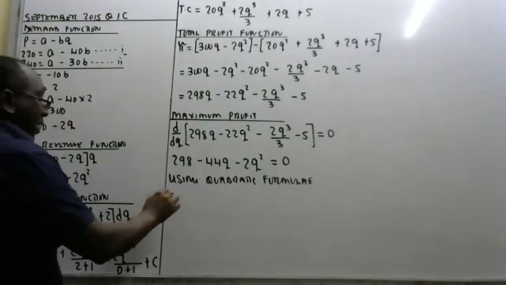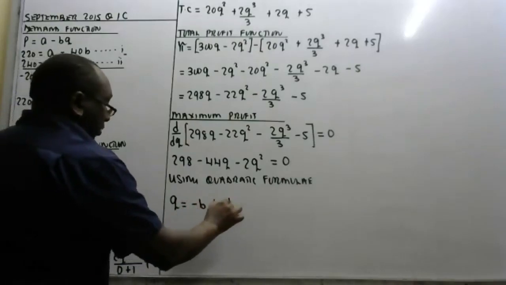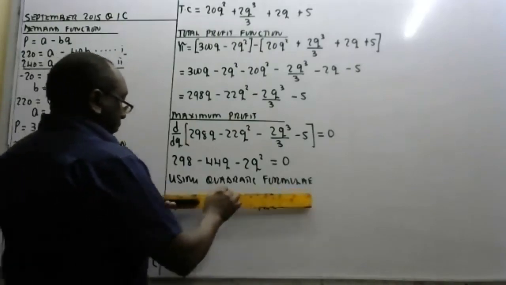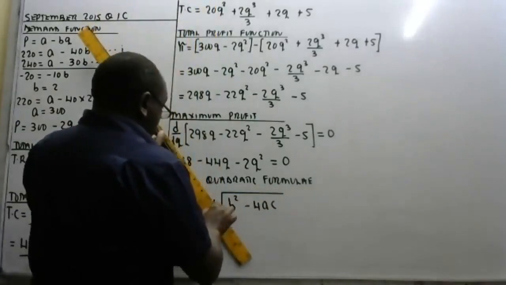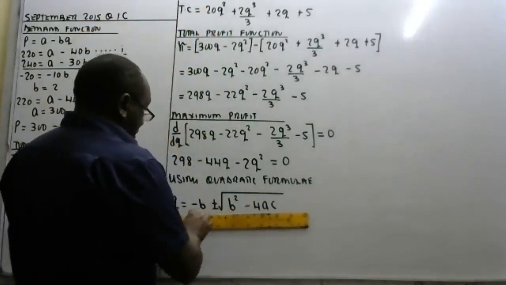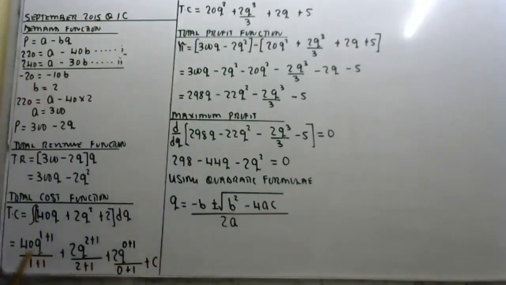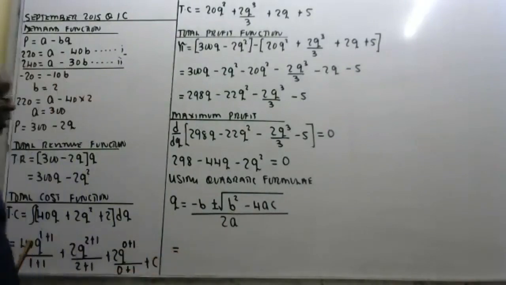So using the quadratic formula, the formula is written as Q is equal to minus B plus or minus the square root of B squared minus 4AC, and you divide all this by 2A. In this function, the value of B is which one?